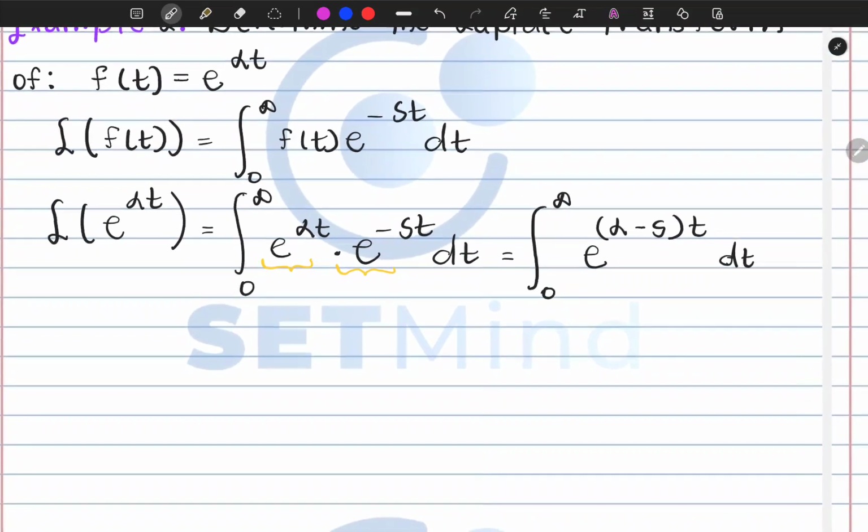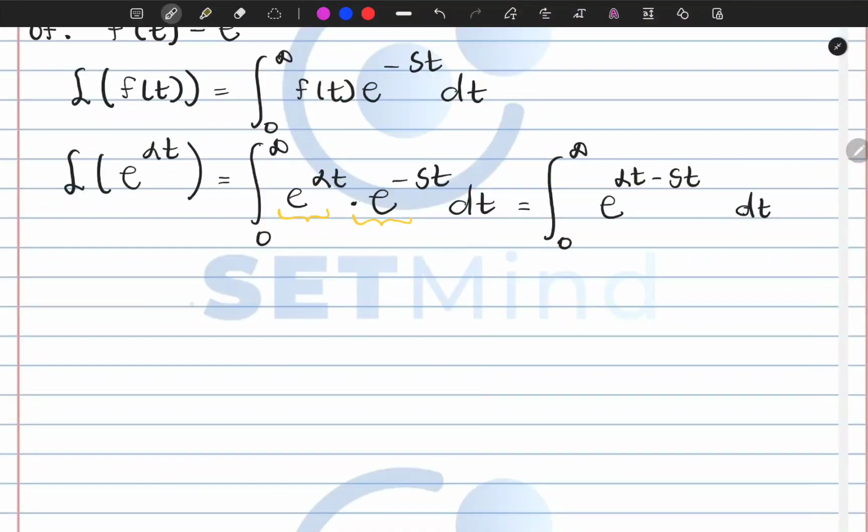Okay, so now I can go ahead and do my integration. But in case you got confused, let me maybe write it as alpha t minus st like that. Then below, I can just combine them and have e to the power of alpha minus s multiplied by t dt.